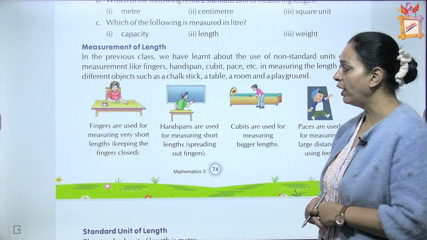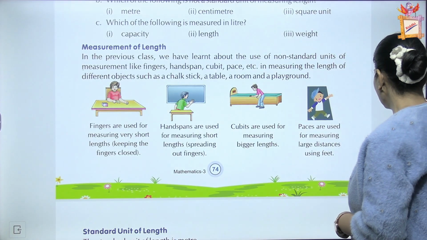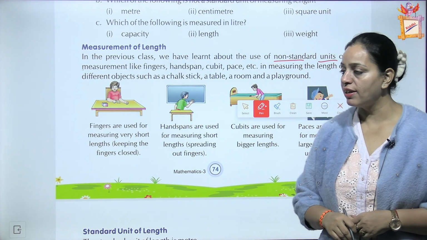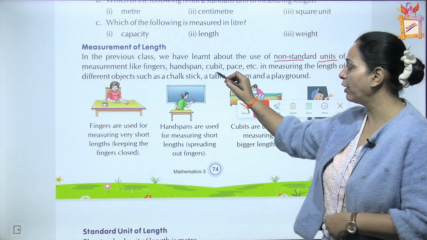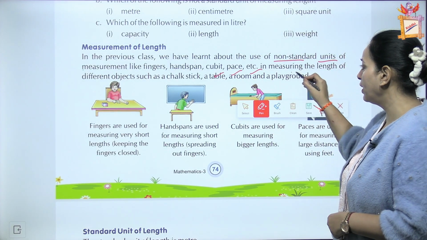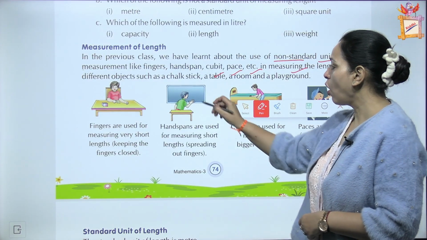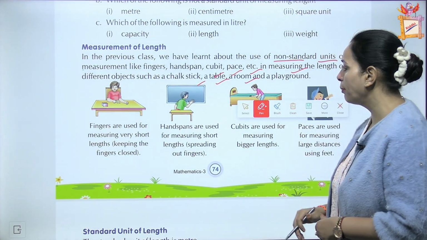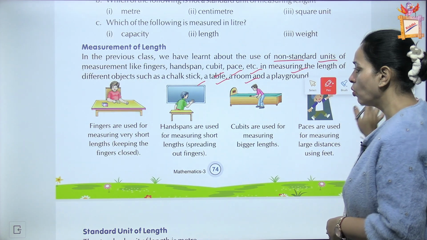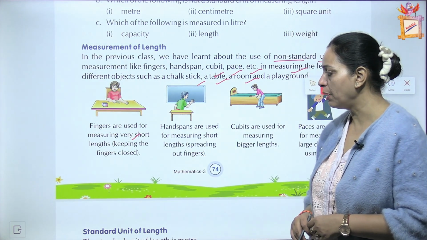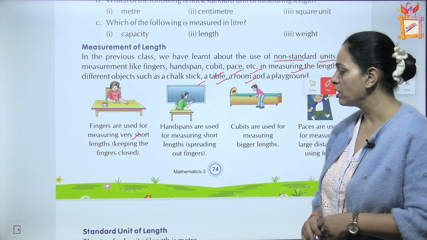Okay, measurement of length. In the previous class we have learnt about the use of non-standard units of measurement like fingers, handspan, cubit, pace, etc. in measuring the length of different objects such as a chalk stick, a table, a room and a playground. So, fingers are used for measuring very short lengths, keeping the fingers closed.